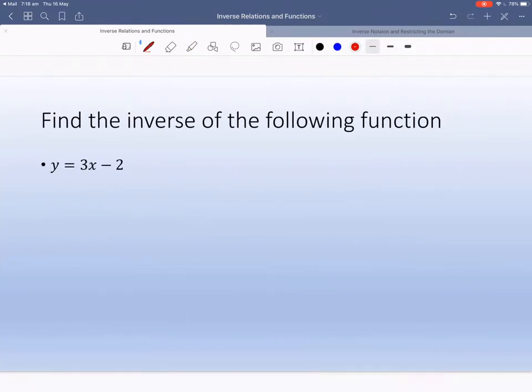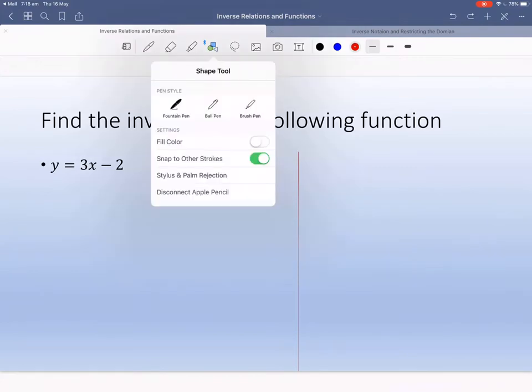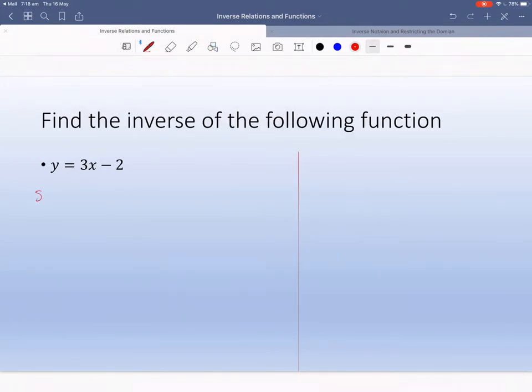Okay, find the inverse of the following functions. I'm going to give myself a line in the middle. The first thing we need to do to find the inverse is just swap x and y. By swapping x and y, we're changing the equation completely, so we need to explain what we're doing. So I'm just going to write swap x and y.